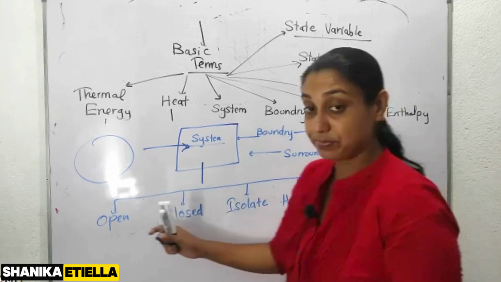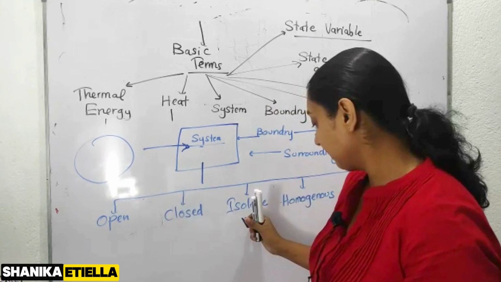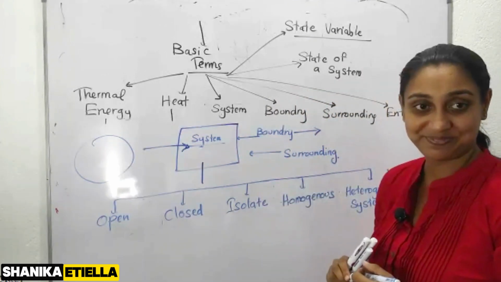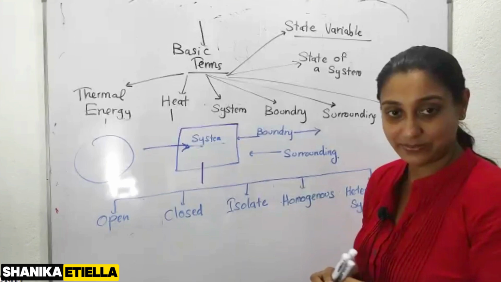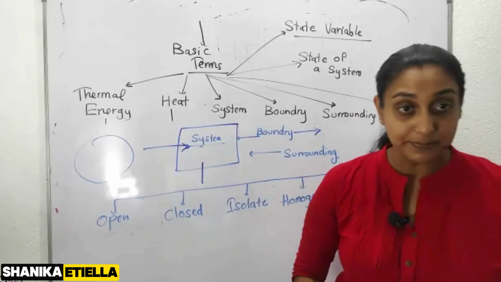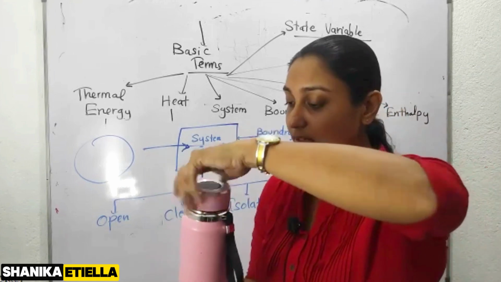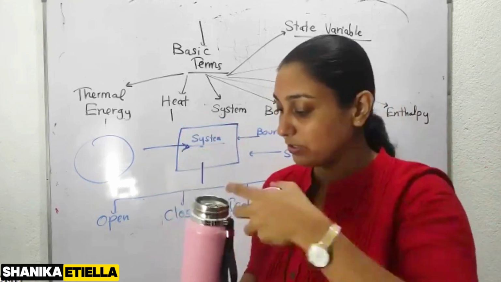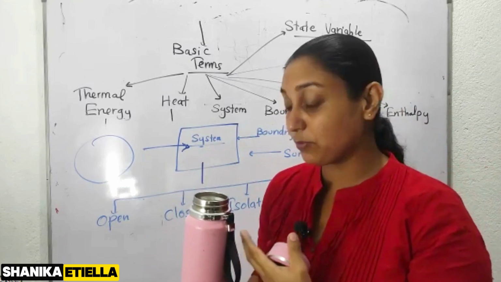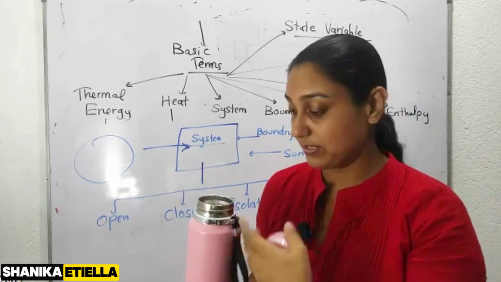Open system, closed system, isolated system, homogeneous system, heterogeneous system. Right? Okay. In the open system, take your water bottle again. If you open this lid, then if I put some hot water into this bottle, water vapor will evaporate from the mouth, from here.